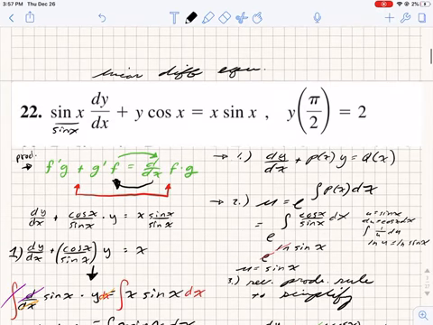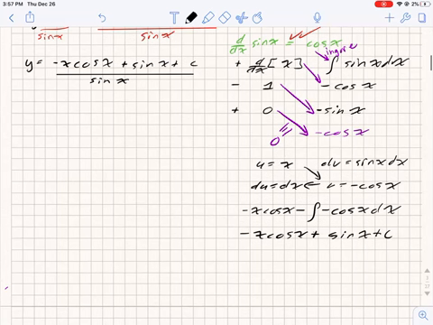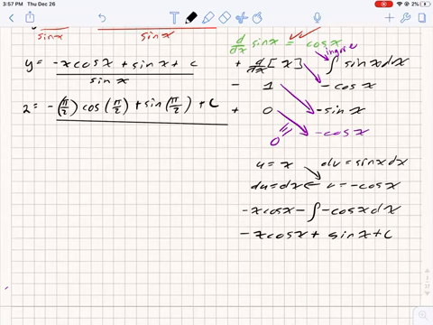Because we have an initial value problem here where when x is pi over 2, y is 2. So we're going to use that. This is 2. When x is pi over 2, cosine pi over 2 plus sine pi over 2 plus c, all divided by sine of pi over 2.